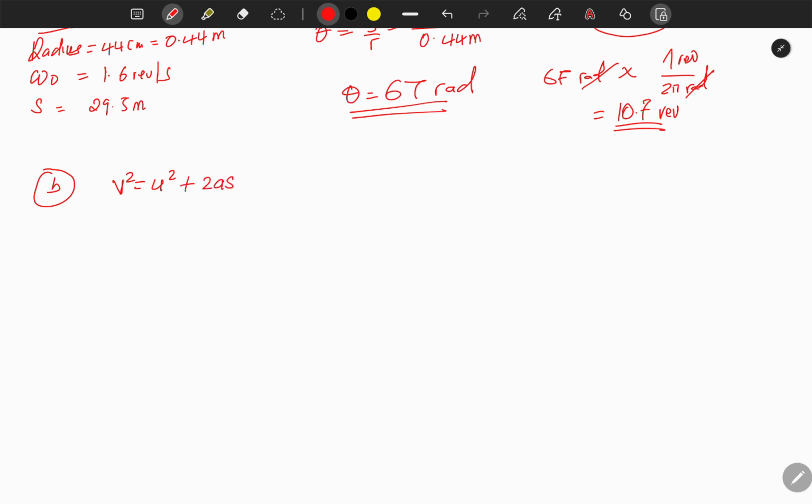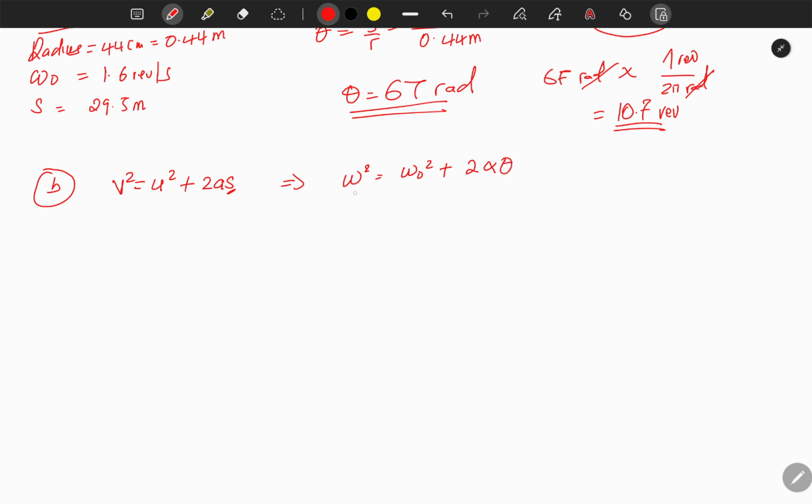You remember this equation? Now in rotational motion, this will be our final angular speed squared equal to the initial squared plus 2 times the angular acceleration times our S, which in this case is the angular displacement, theta.